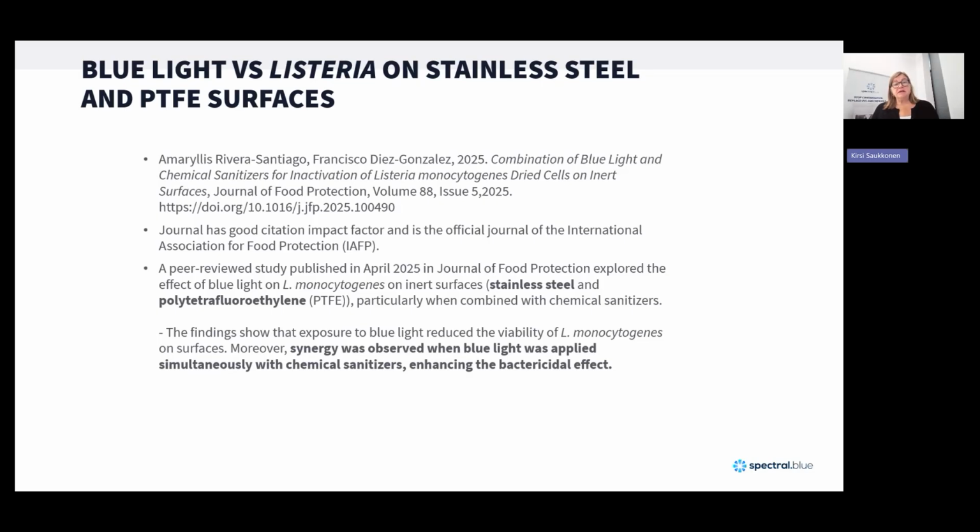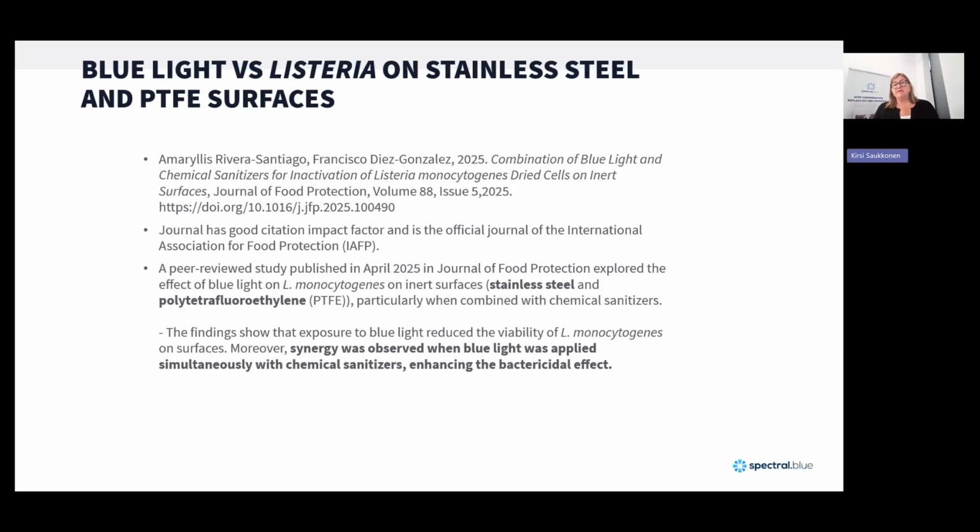This article studies the effect of blue light on Listeria monocytogenes on inert surfaces, stainless steel and polytetrafluoroethylene, easier to say, some kind of a Teflon surface, and combined with chemical sanitizers.